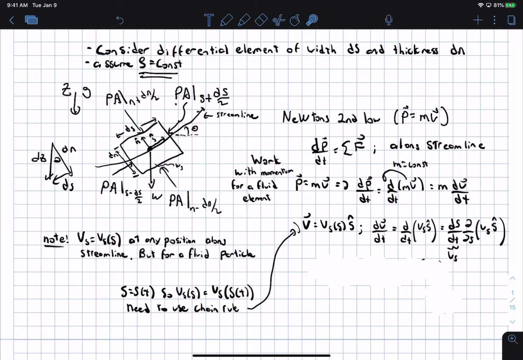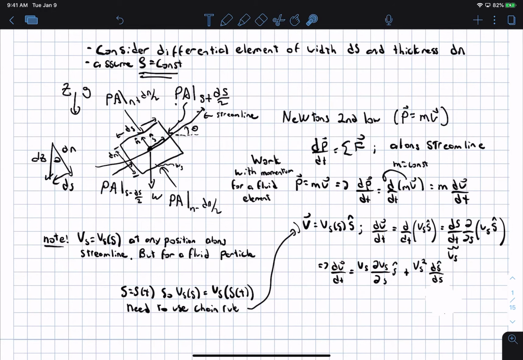Well, this ds/dt is just the velocity along the streamline. So we keep working through it, and we get that dV/dt equals, actually this should not be i hat, that should be s hat, V_s times partial V_s over partial s, times s hat.